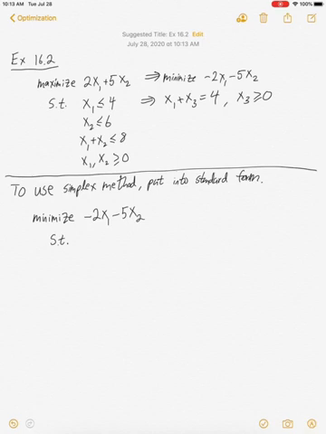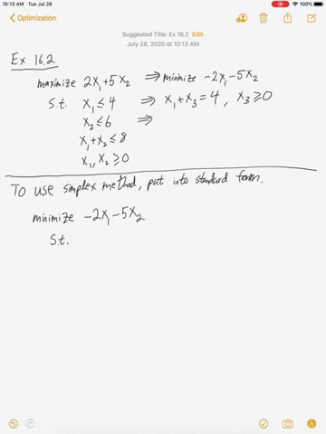So we can see that if x1 is at most 4, then we can find a positive x3, or non-negative x3, so that x1 plus x3 equals 4. And conversely, if x1 plus x3 equals 4, then x1 is at most 4. So if we add this extra slack variable x3, we end up with a constraint that's equivalent to the inequality constraint.